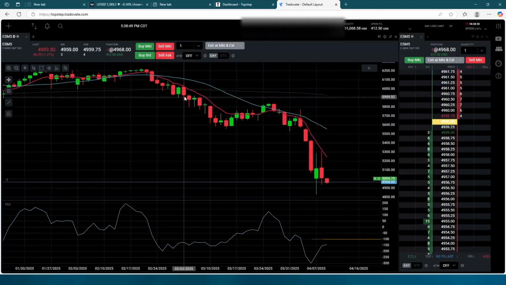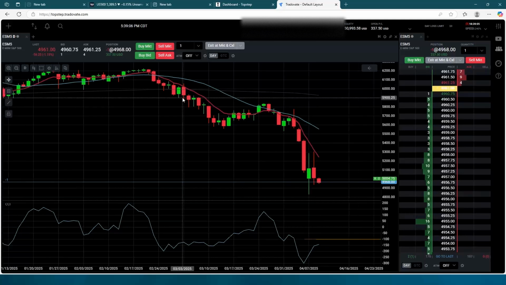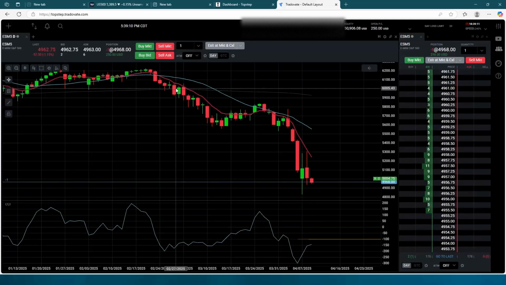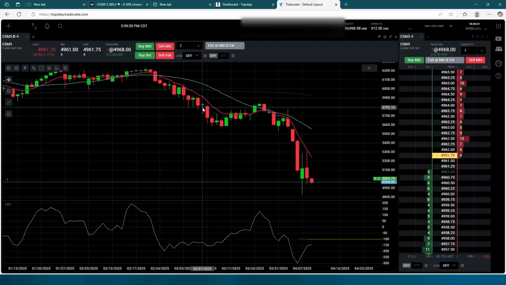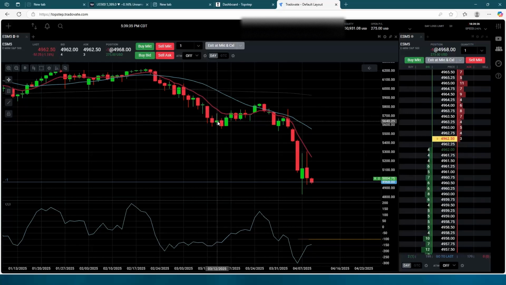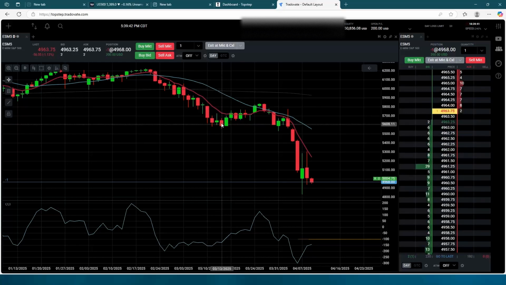Now, in this area, it tried to test it a little bit, right? As you can see, but it came back down. So you would be a little bit concerned, but you would wait to see where that candle would have closed below the 8-period EMA. So price continued downward and kept going. All right, and then we see in this area where it fell below the 8-period EMA.